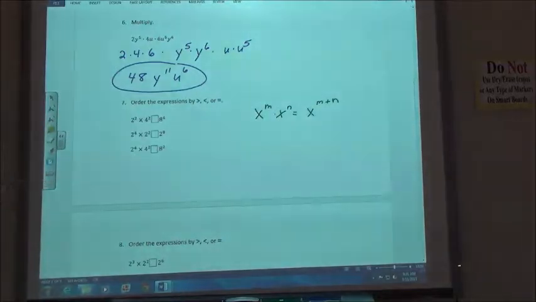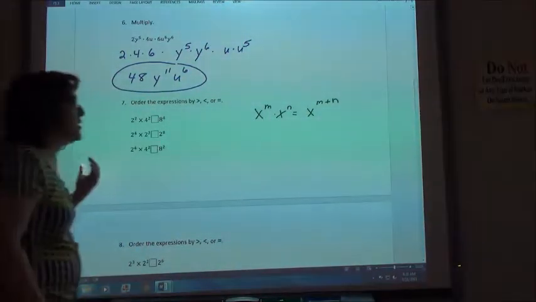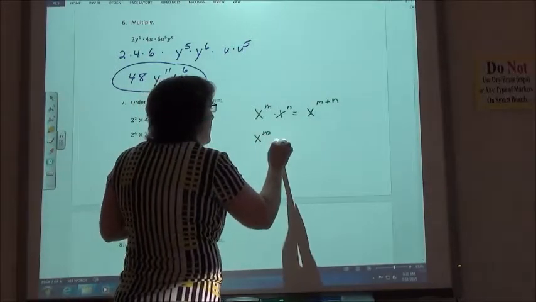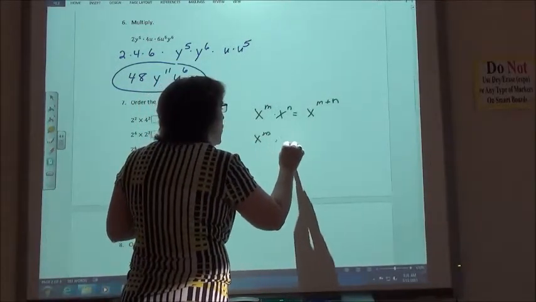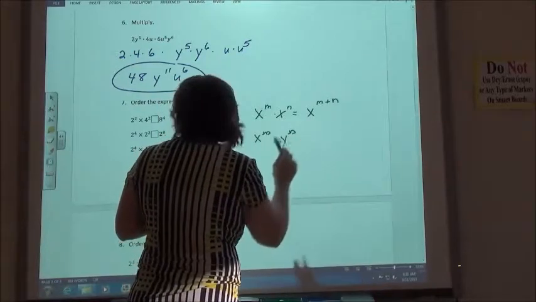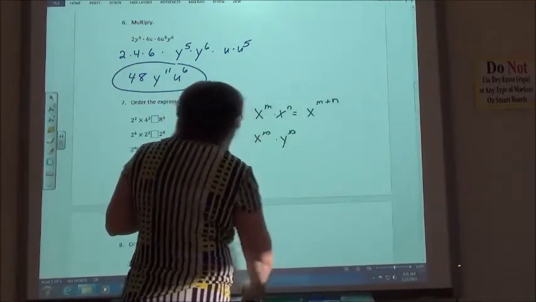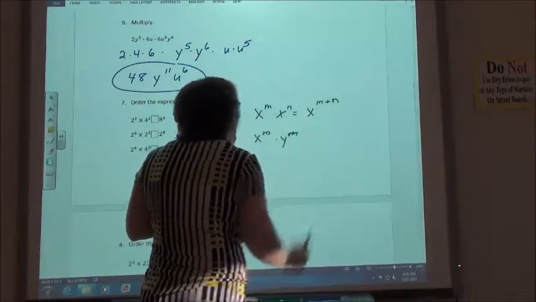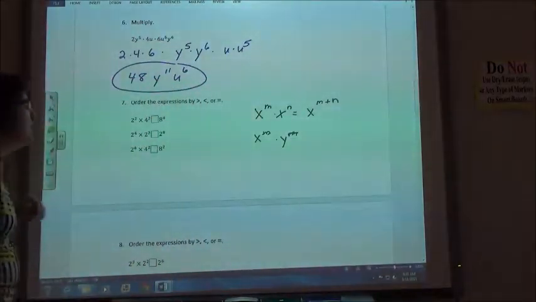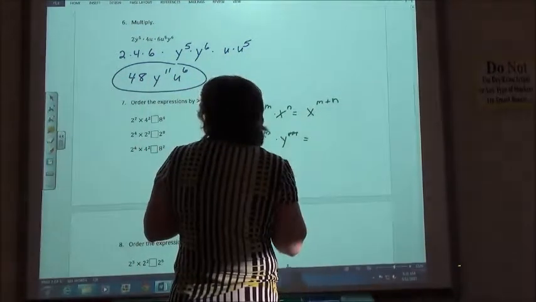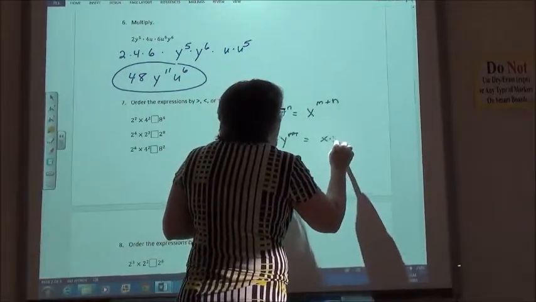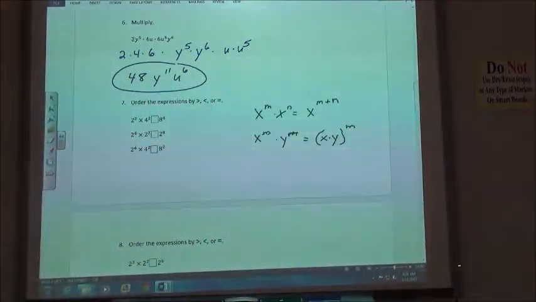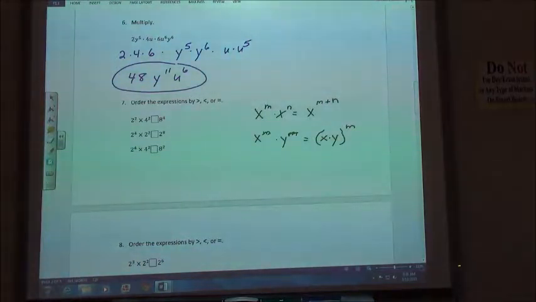They're also going to give you the rule that if my exponents are the same, x to the m times y to the m, you're going to get x times y to the m power. So I multiply my bases and keep that exponent.